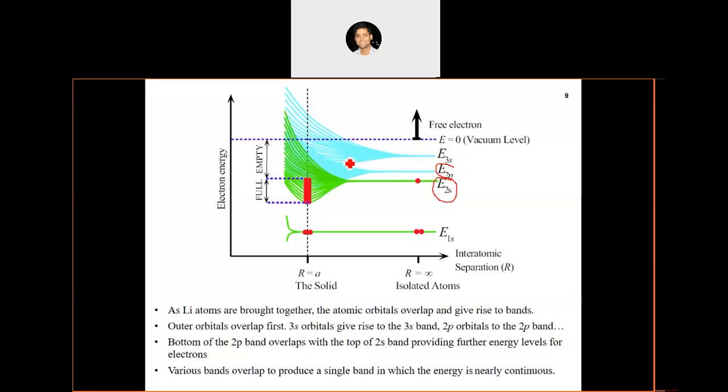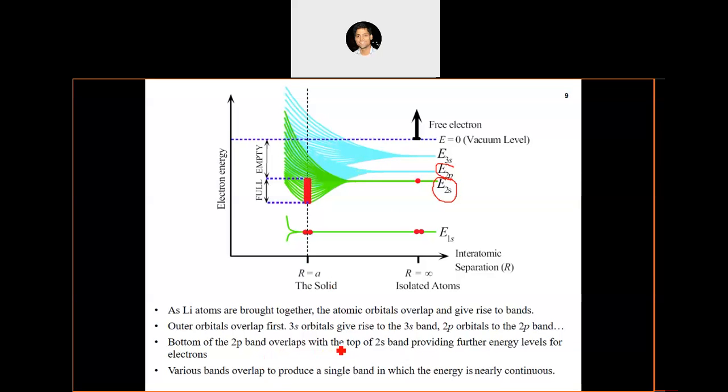They will also overlap and form different energy levels. As lithium atoms are brought together, the atomic orbitals overlap and give rise to bands. So we will have a 2s band, and although there are no electrons in 2p, there will still be interaction between the empty 2p energy levels, so they will form a 2p band. Similarly, there will be a 3s band.